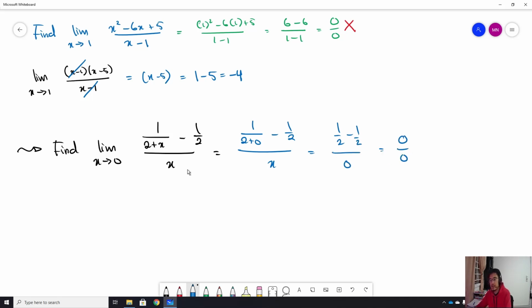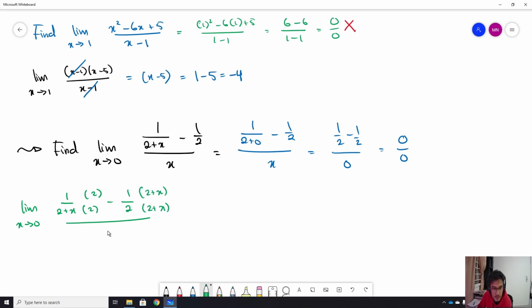So once again, we have a condition that should never happen in limits. So in order to solve this, we take the limit as x approaches 0. We try to equalize the denominator of the numerator, which is 1 over 2 plus x multiplied by 2, and both multiplied by 2, minus 1 over 2, multiplied by 2 plus x, over x.